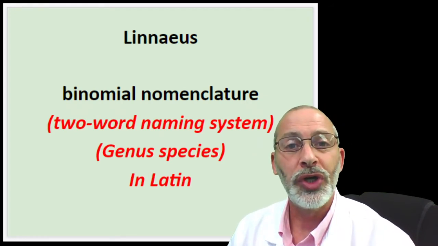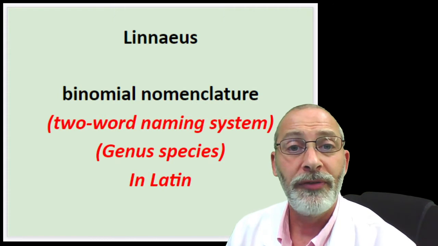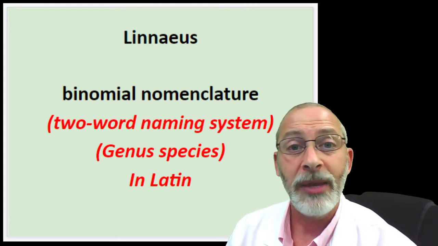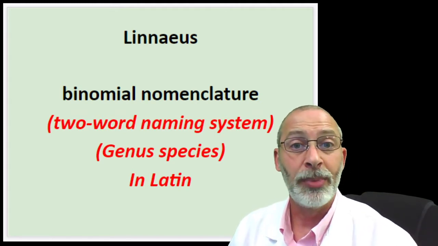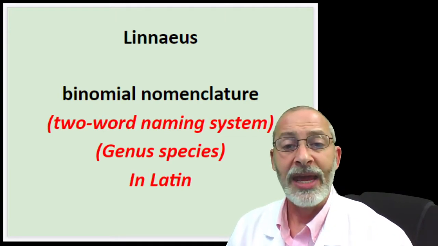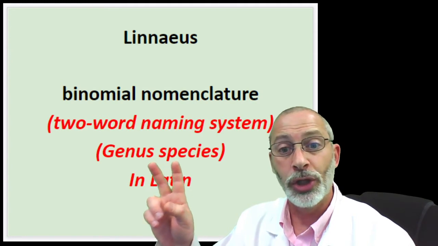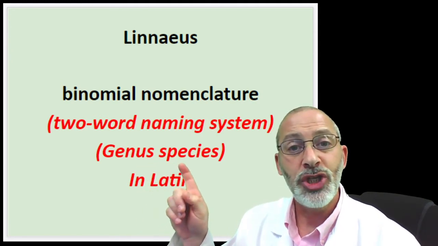You have probably heard of human beings being referred to as Homo sapiens. Homo sapiens is an example of binomial nomenclature. And the two parts of the naming system include the genus and the species.